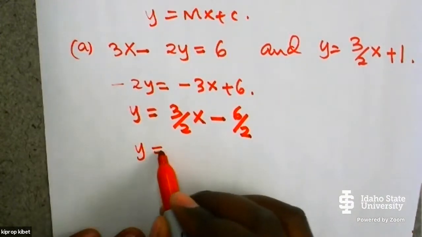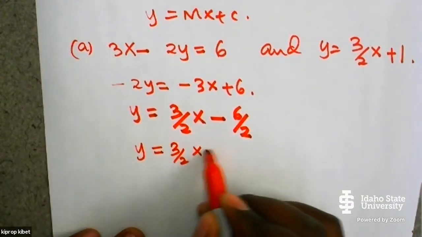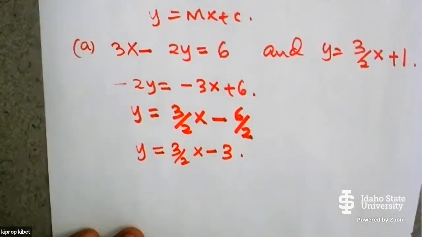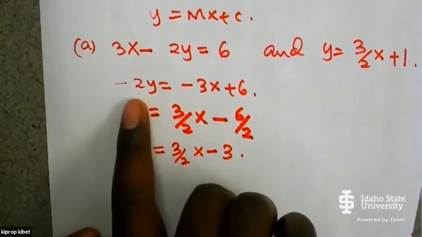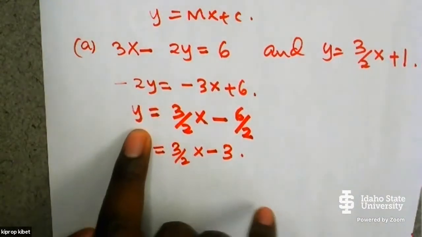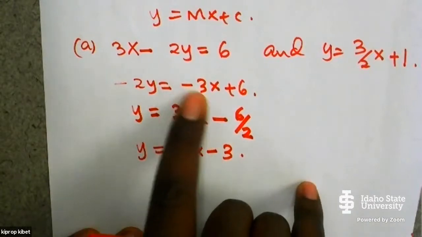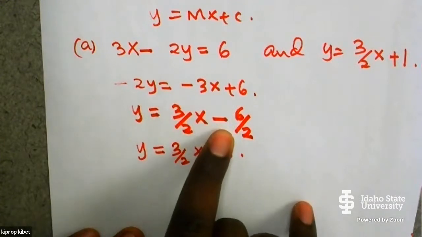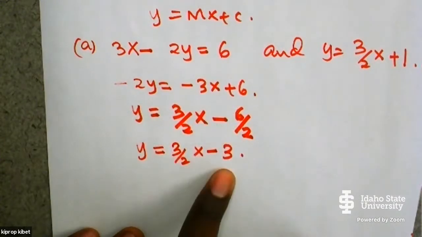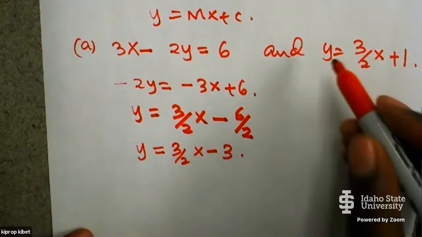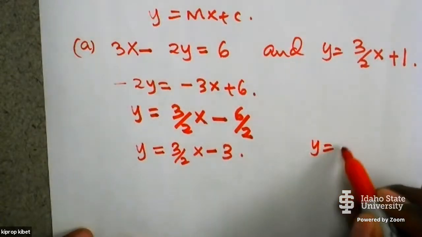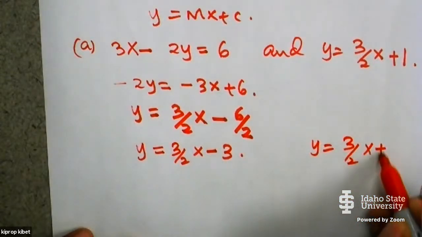So y equals 3 over 2x minus 3. When you divide by -2, the negatives cancel, and this will be negative here. The other equation is y equals 3 over 2x plus 1.